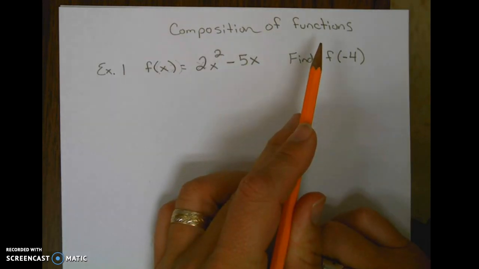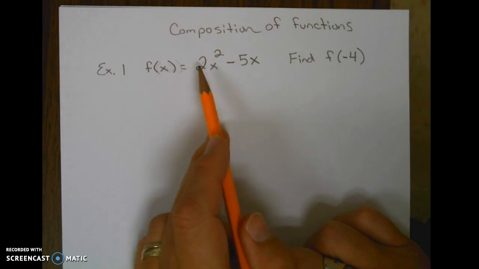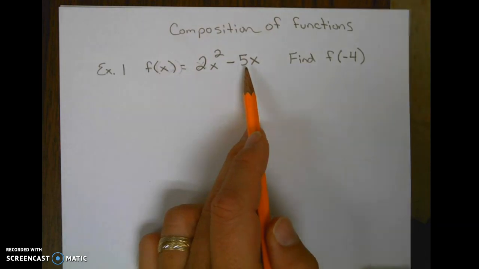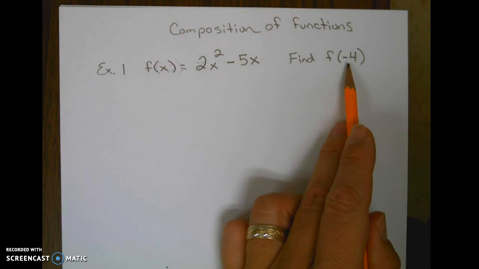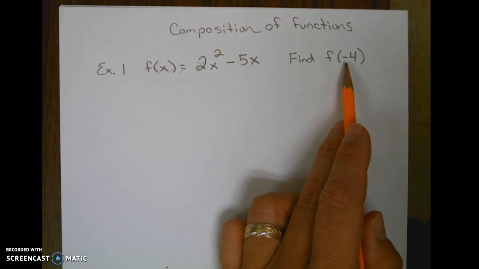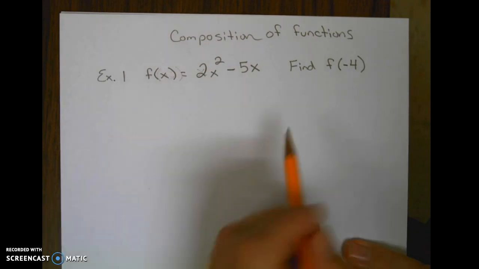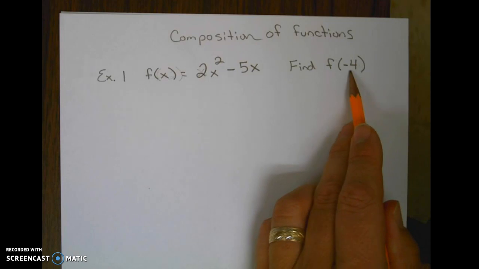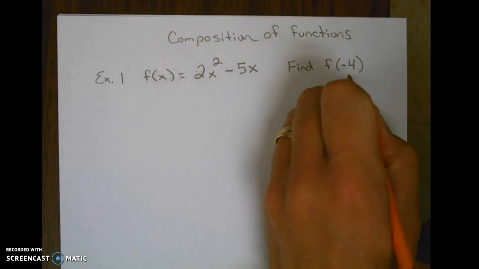So we're going to start off with a very basic function right here, f of x equals 2x squared minus 5x. And what we're going to be looking for is finding f of negative 4. So what you need to remember, going back to transformations, is that whenever you have parentheses, whatever's inside is going to represent x, your horizontal.